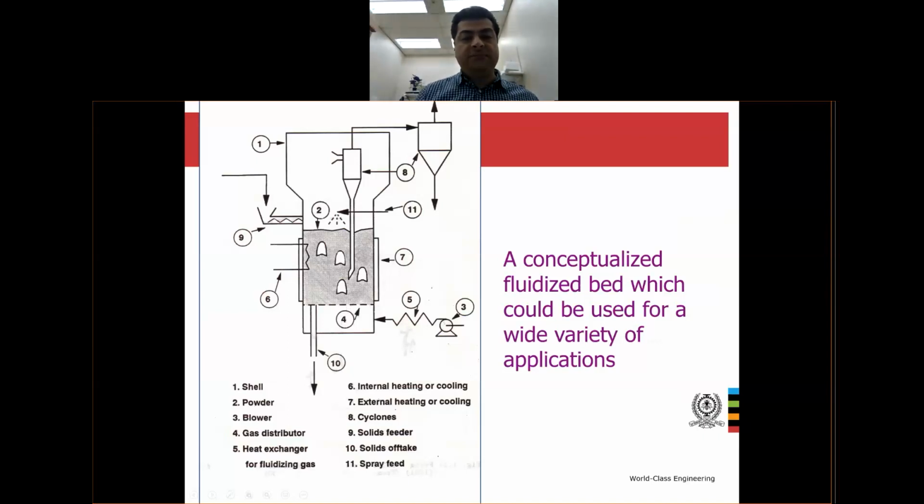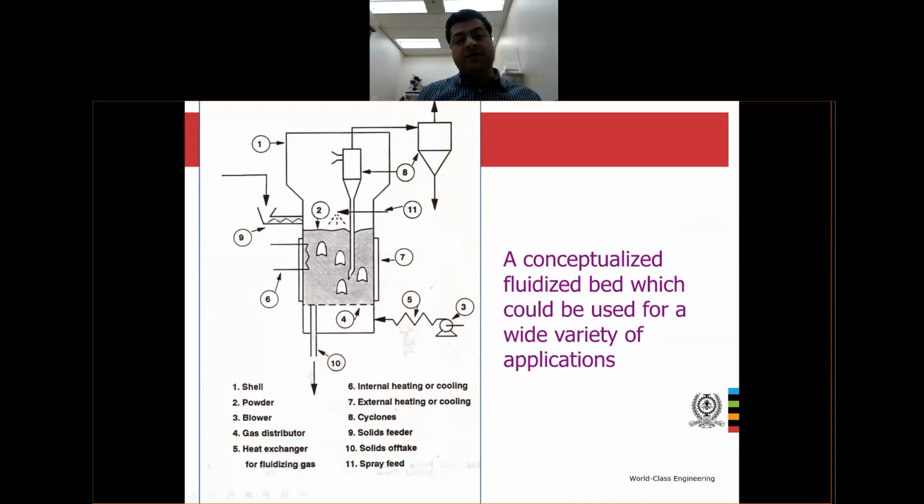The gas can be heated in a furnace or in a heater, and then introduced into the reactor to make the bubbles and move the particles around to make them fluidize. And the feedstock, for example, biomass, could be added to a screw feeder to be fed into the reactor, either from the top or from the middle, depends.